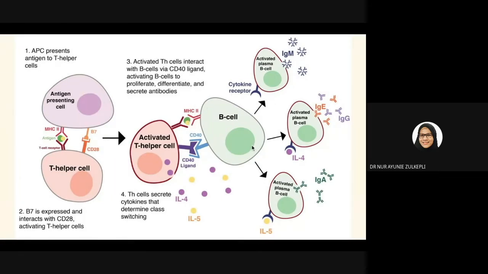Upon activation, it will proliferate and differentiate into plasma cells, initiated by cytokine stimulation. The plasma cell will release the pentameric IgM, and later on class switching or isotype switching will occur, so the plasma cell will produce different types of other antibodies.